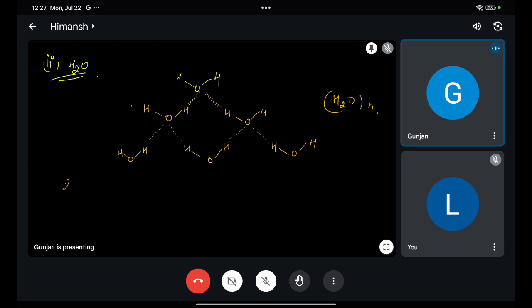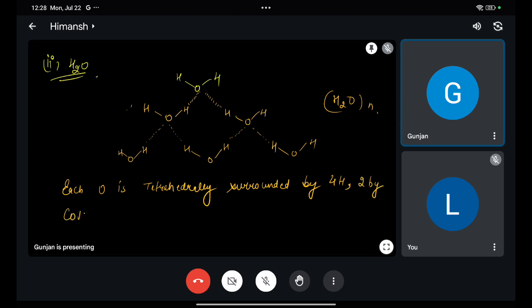So we can say each oxygen is tetrahedrally surrounded by 4 hydrogens, 2 by covalent bonds and the other 2 by hydrogen bonds. Why are only two maximum hydrogen bonds formed?